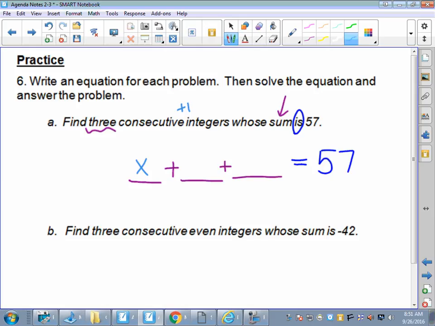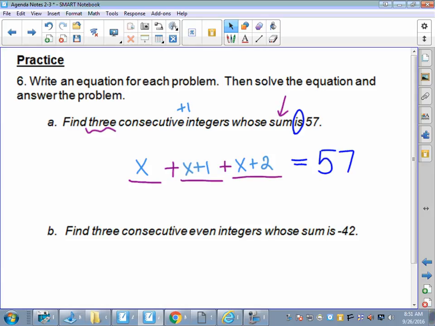It has to be that number plus another 1, right? So if this guy right here was 7, then this one would have to be 8, and this one would have to be 9, so I'm going to make that x plus 2. If I had another number after it, I'd do x plus 3. If I had another number, I'd do x plus 4. So every number, when I ask for consecutive integers, I add one more.